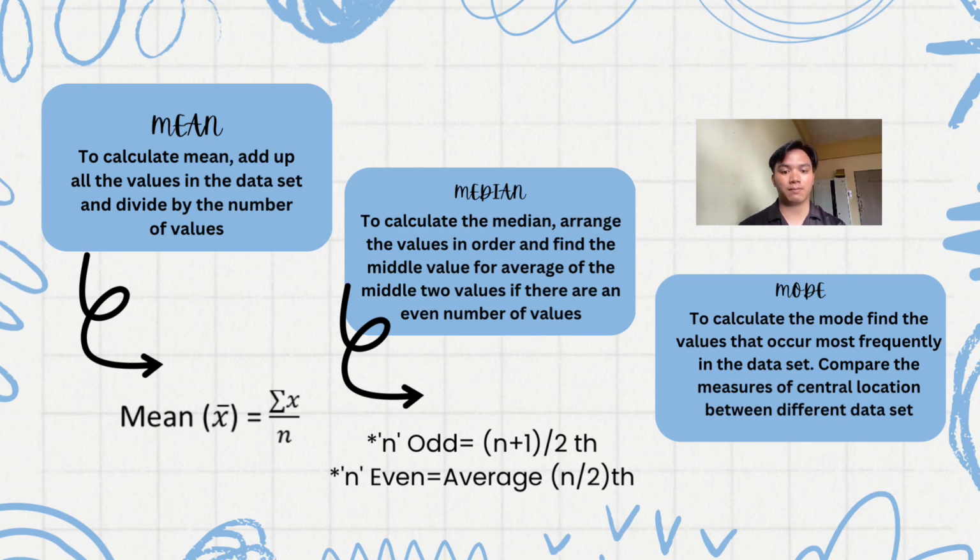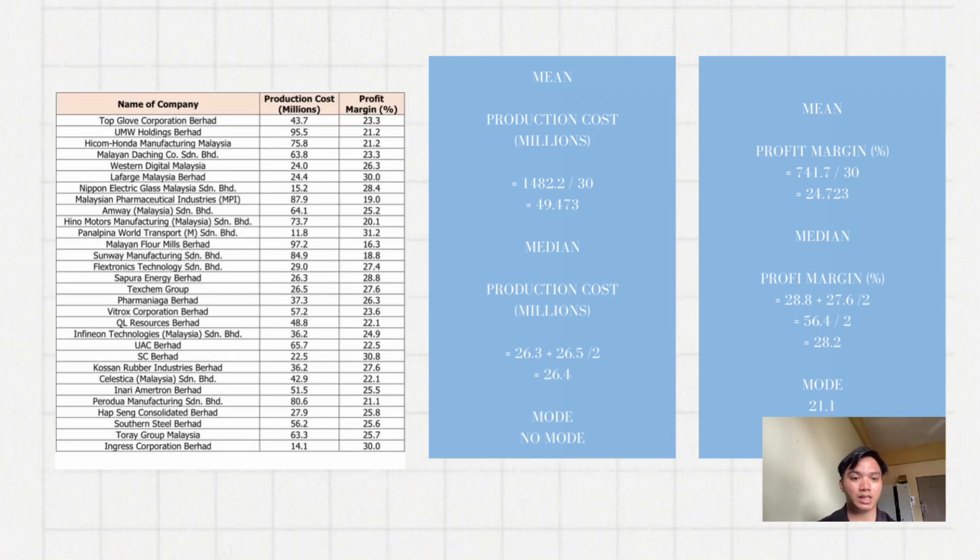The last is the mode, the most frequently occurring value in the dataset, useful to identify the most common element. Together, these measures help you summarize and interpret data effectively. Next, I will present how to calculate the mean, median, and mode.